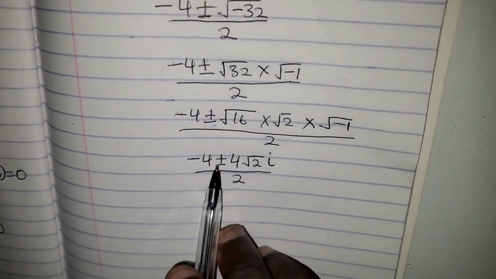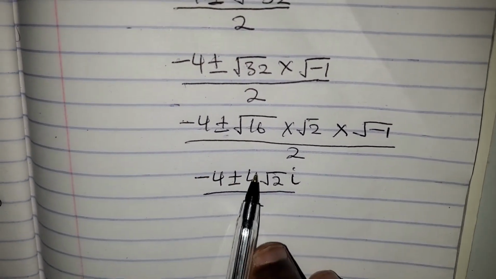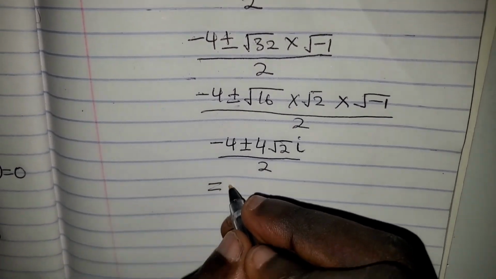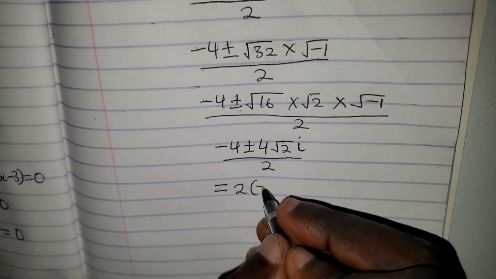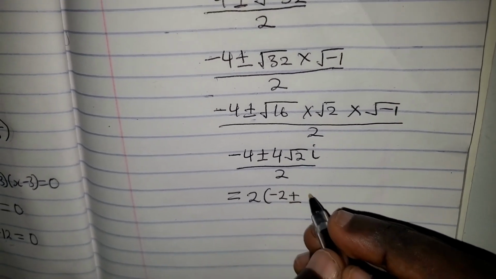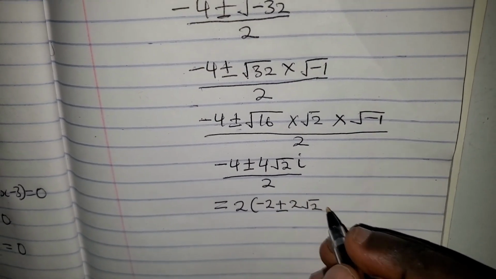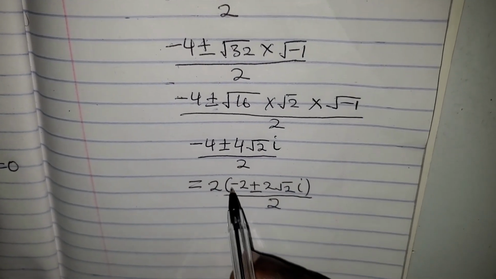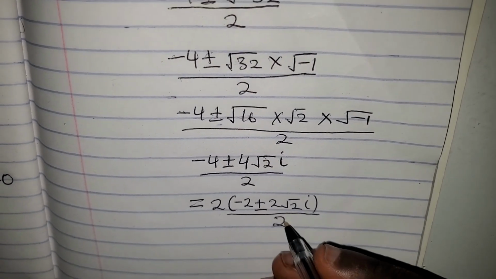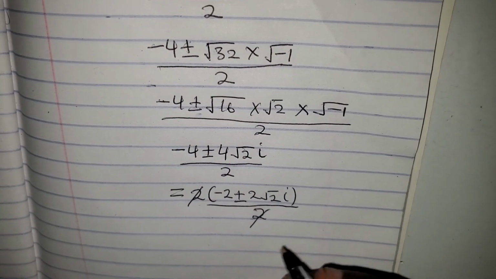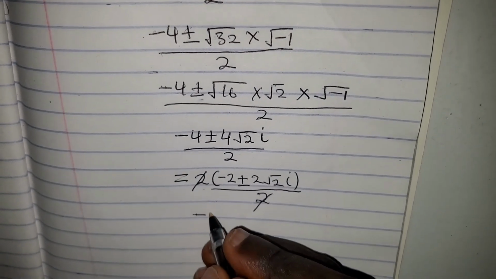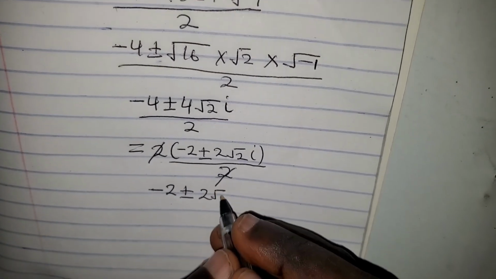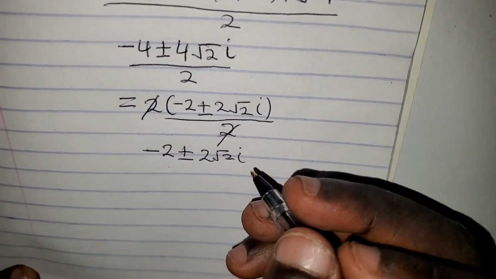Now, I want to factor out 2 here, because 2 can go there, 2 can go there. So this is the same thing as 2 into brackets minus 2 plus or minus 2 root 2i, all over 2. If I use this 2 to open this bracket, it will still give me this. So this 2 will cancel this 2. Here I have minus 2 plus or minus 2 root 2i.